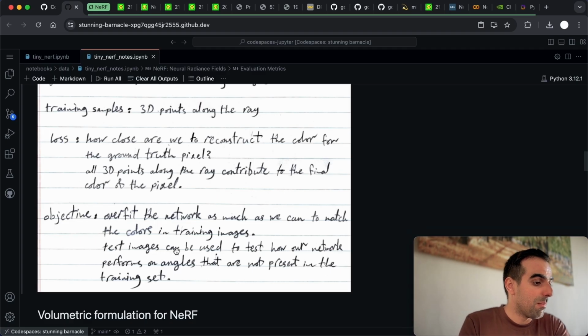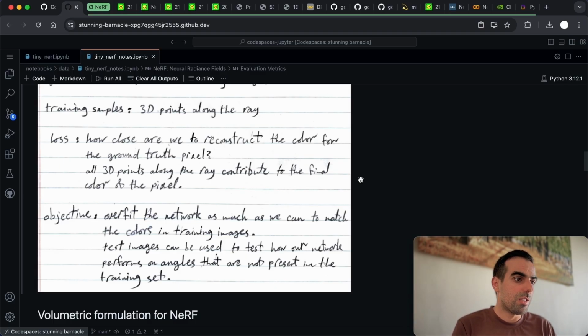Test images can be used to test how the network performs on angles that are not present in the training set. So if you have test images in NeRF, you hold these out. You don't train on those, you train on the training data. Then you render that test image, compare the rendered test image with the original test image, and compare the loss.